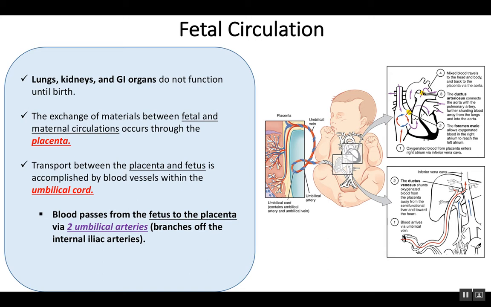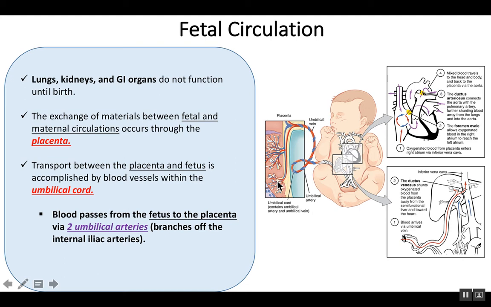So how do we get blood flowing from the placenta to the fetus? That is done using the umbilical vein. So here is a placenta. There are capillaries, fetal capillaries and maternal capillaries, in that placenta.